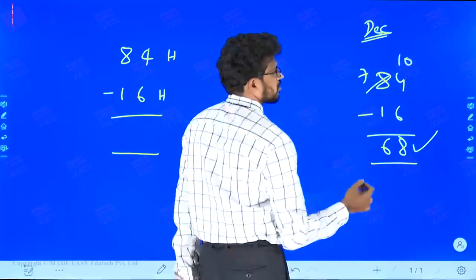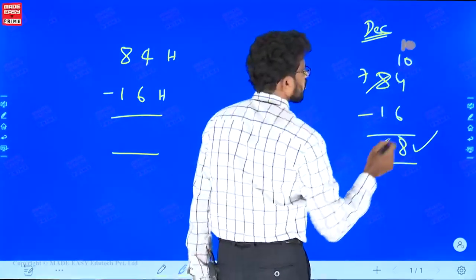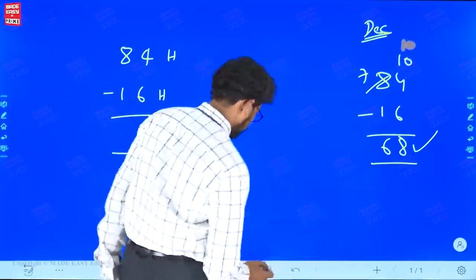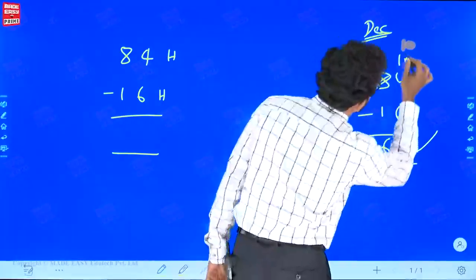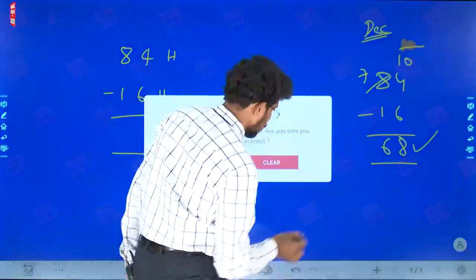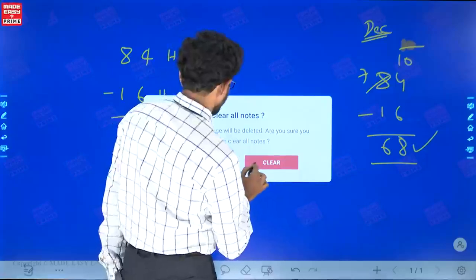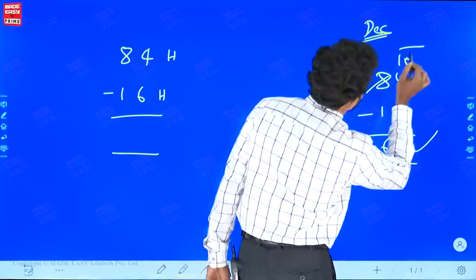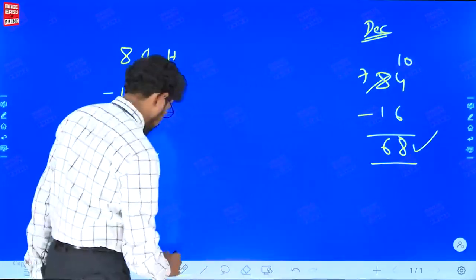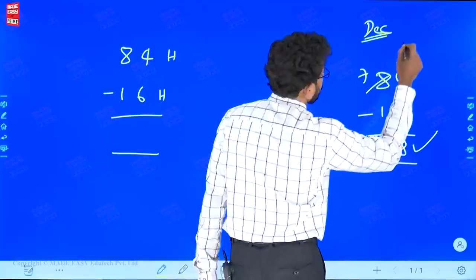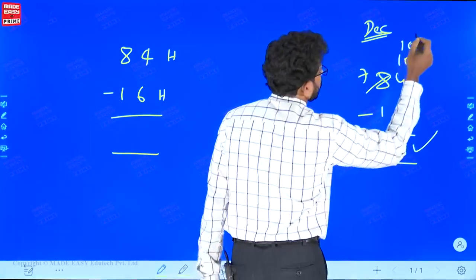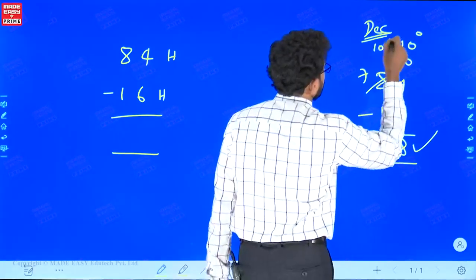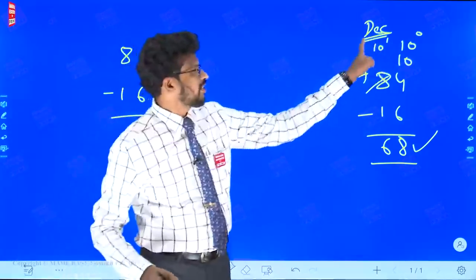In the decimal number system, the place values are 10 power 0, this is the ones place and this is the tens place.